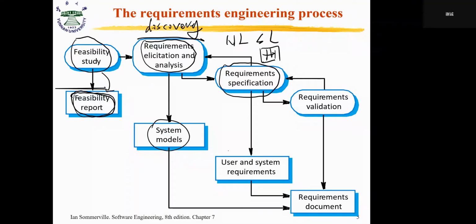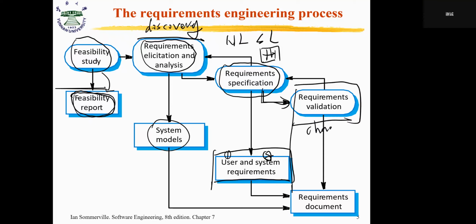And you also need to categorize, dividing the specification into two types. One is the user requirement. The other is the system requirement. After the system specification, we go to management, also called validation, and some changes here.